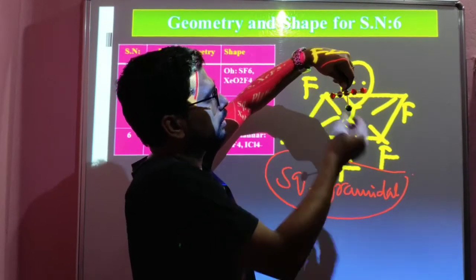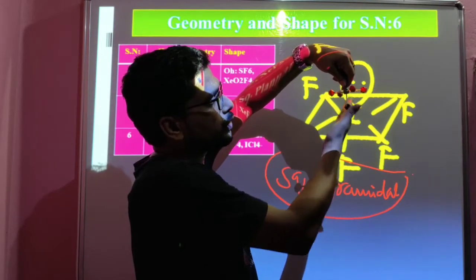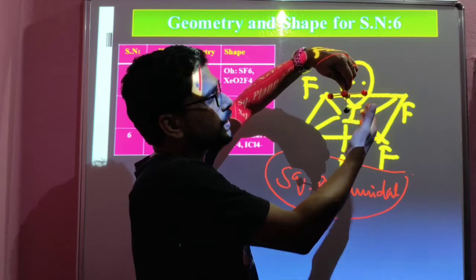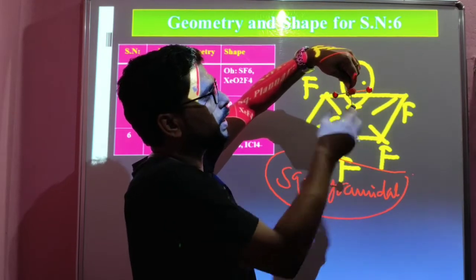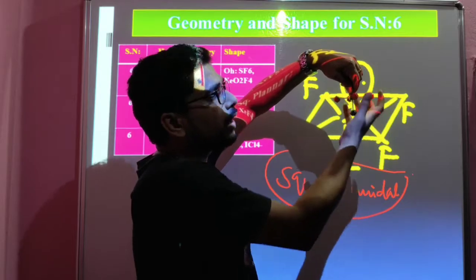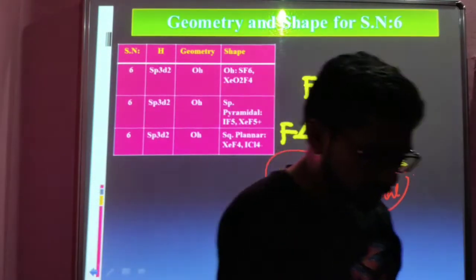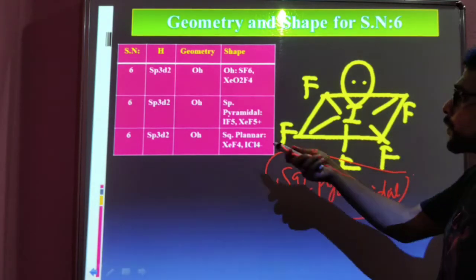This is the square, and here one atom is there, so that will give you square pyramidal. This is the square, and from here it forms a pyramid. That's why it is known as square pyramid.